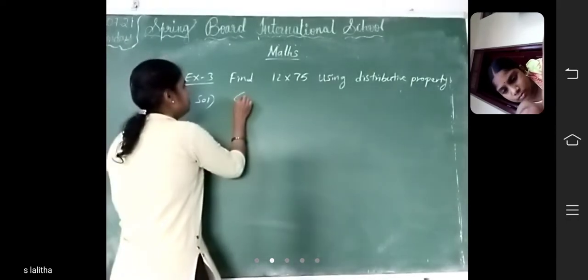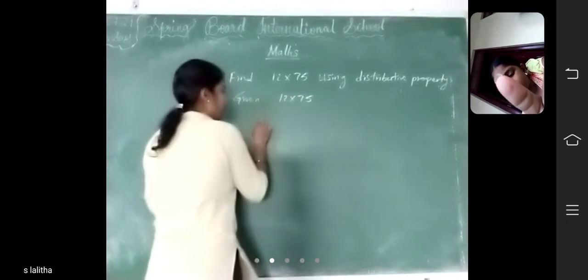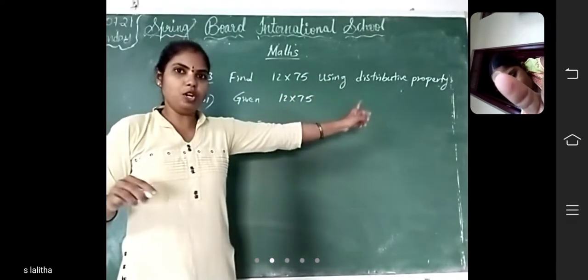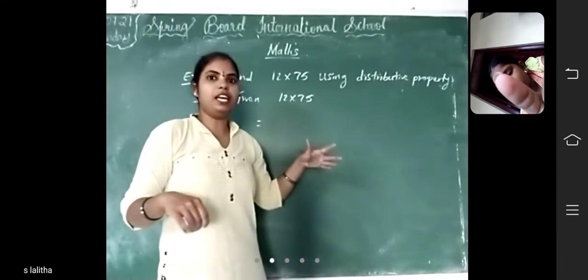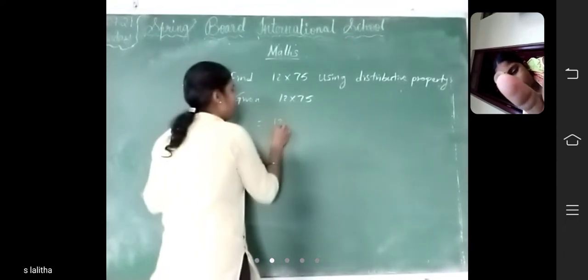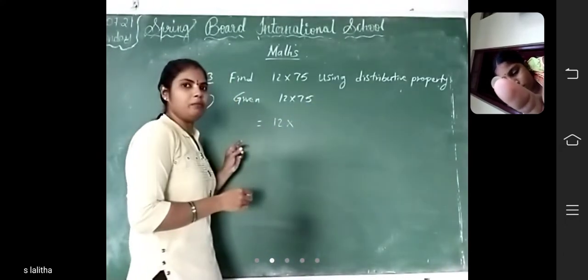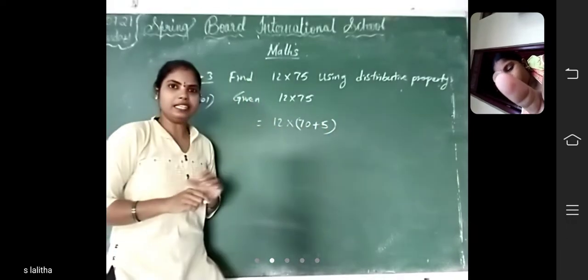So what is given? Given 12 into 75. You should use the distributive property. Distributive property means distributive property of multiplication over addition or over subtraction you can do. So 12 into 75 can be written like this, 70 plus 5. Can you write like this?